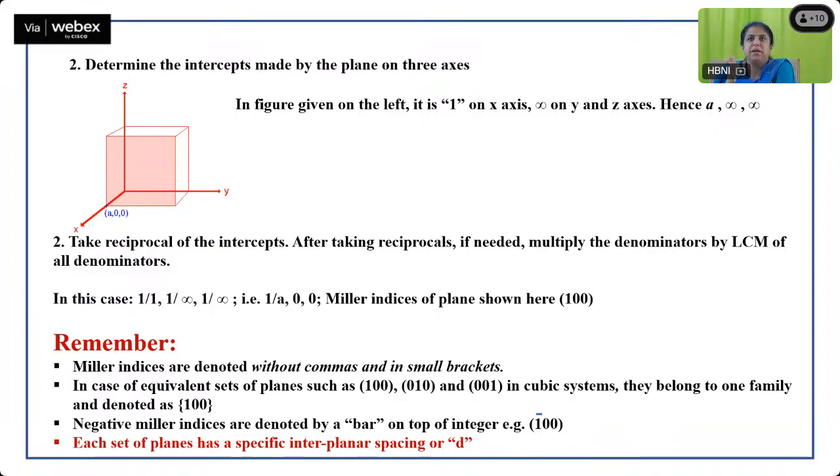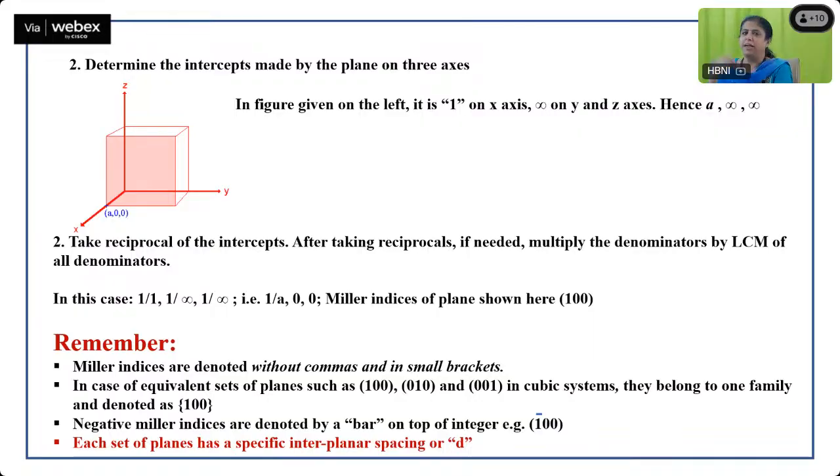The meaning of 1 is the same, which again means that if you have a cubic system, your 100, 010, 001 are equivalent, because all of them are making an intercept of a lattice parameter on the corresponding axis, parallel to the other two axes, but also that intercept on different axes is equal because it is a cubic system. a is equal to b is equal to c. And they are said to belong to a family of planes.